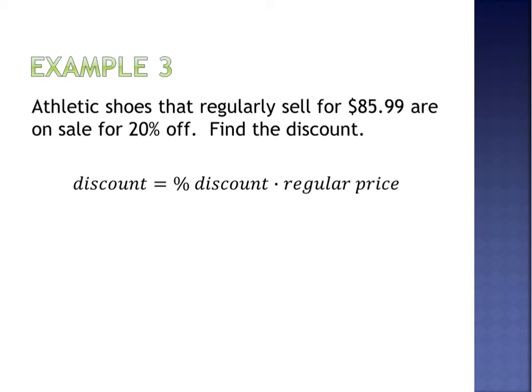In this case, I have a 20% discount, and if you remember, a 20% discount is really 0.2. So my discount is equal to 0.2 times the regular price of $85.99.